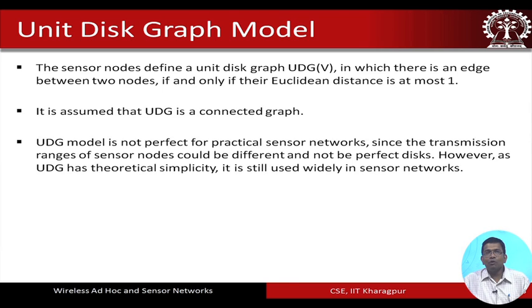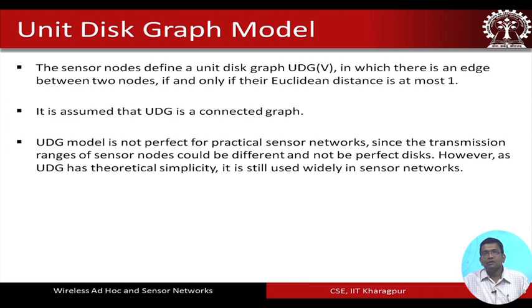This model is good for theoretical solutions, because we can model different solutions much more easily, but in practice the UDG model is not perfect and is not practical in most actual deployments of sensor networks.